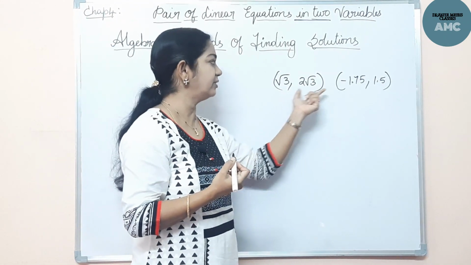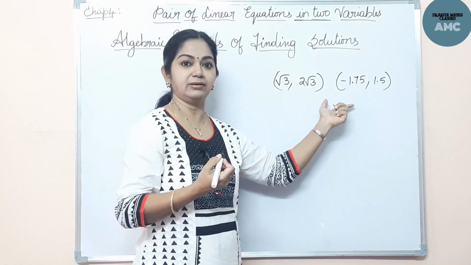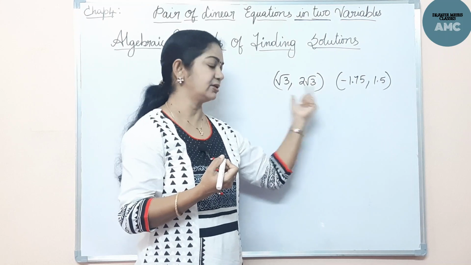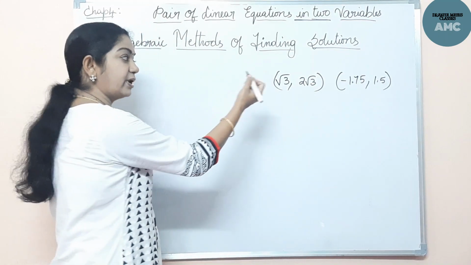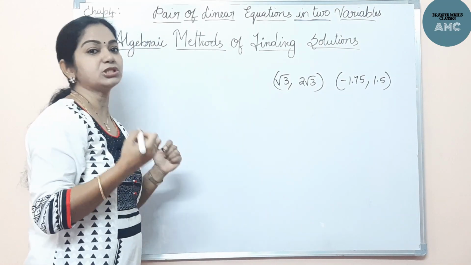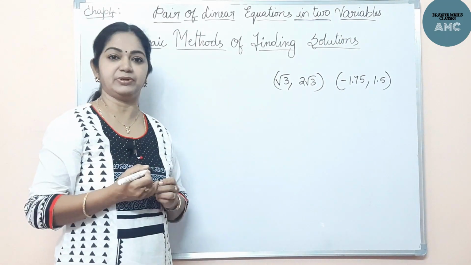We may not be able to plot the points or get the solutions if they don't have integral coordinates. For these cases, we need to switch over to the algebraic methods.